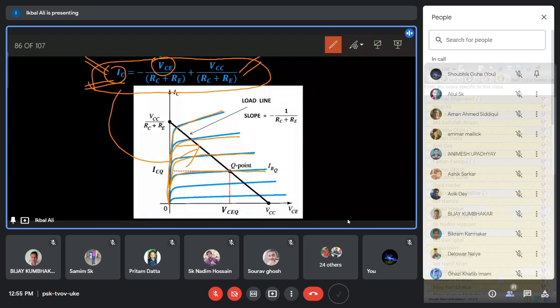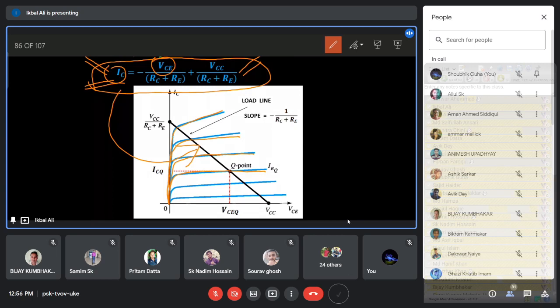So we have two equations, both represented in a graph. One is the transistor device equation, IC versus VCE. Another is the straight line output KVL equation. That equation is linear, but it is also represented as a curve, a straight line. Now, the intersection point of these two curves will give you the solution.